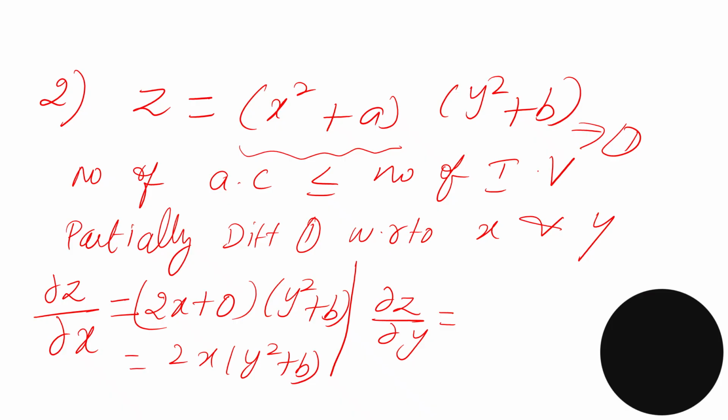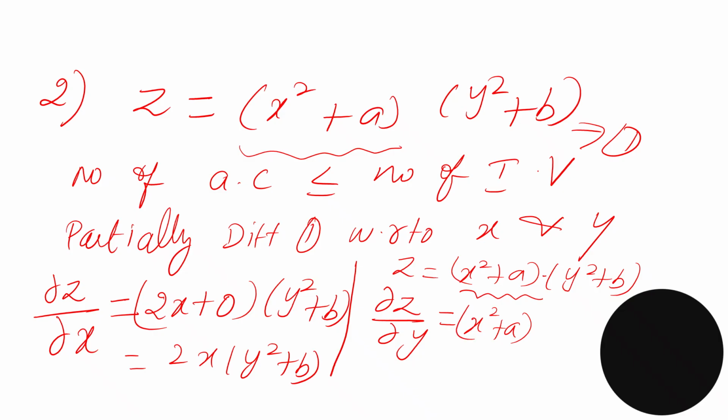What is your z equation? x square plus a into y square plus b. Always check whether the operation in between is multiplication, addition or subtraction. Partially differentiating with respect to y, the first term does not have any y, so consider it as a constant. Differentiating y square gives 2y plus 0, since the differentiation of a constant is always 0. So you get 2y into x square plus a.